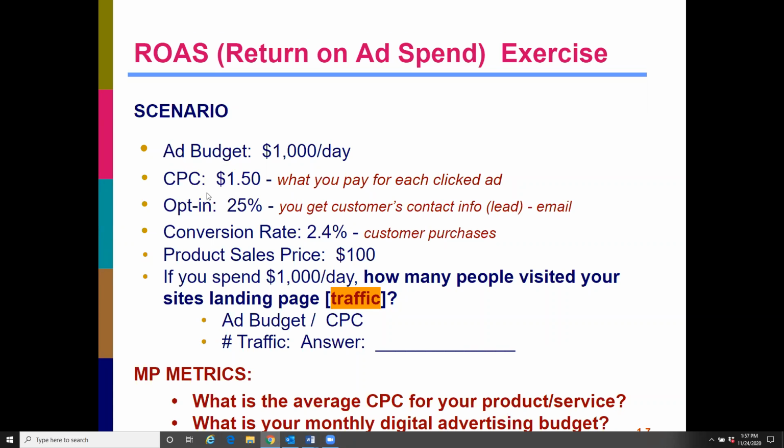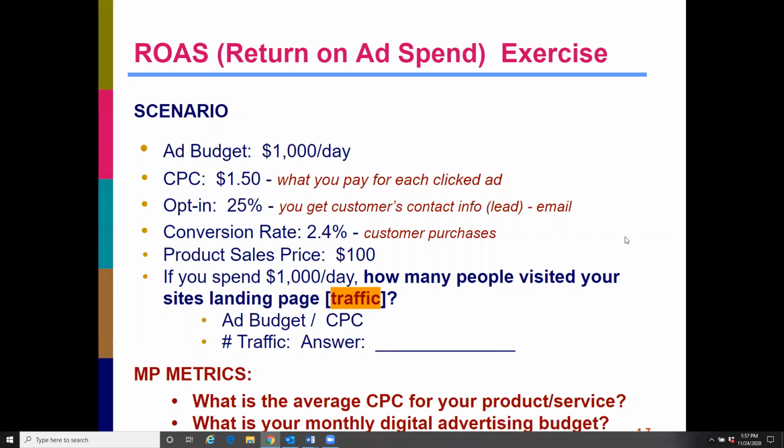You have more people clicking, more people opting in, and higher conversion rates. And the higher these opt-ins and conversion rates are, the more profit you're going to make, the more you're going to sell of your product, and you can also increase your ad spend a little bit.